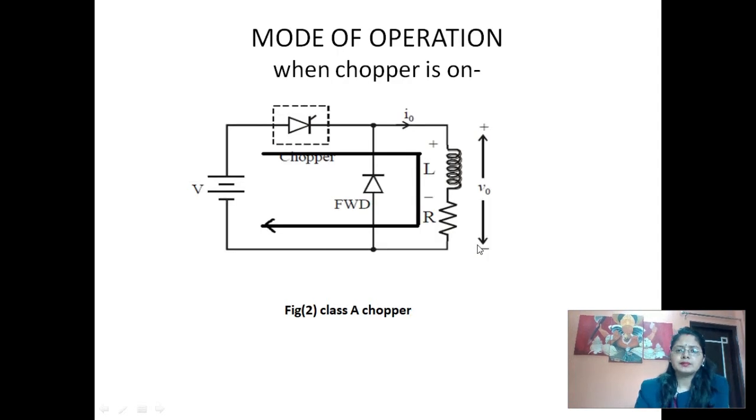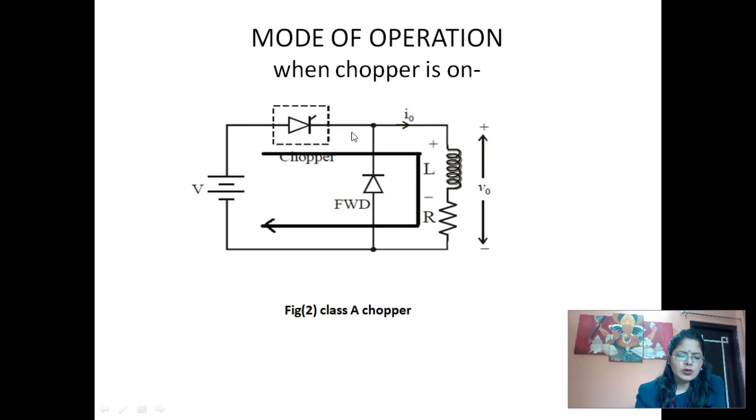Okay. Mode of operation: basically there are two modes of operation. When chopper is on, this switch is closed. When this switch is closed, the supply voltage connects to the load. This time the freewheeling diode is reverse biased. Current flows in this loop.